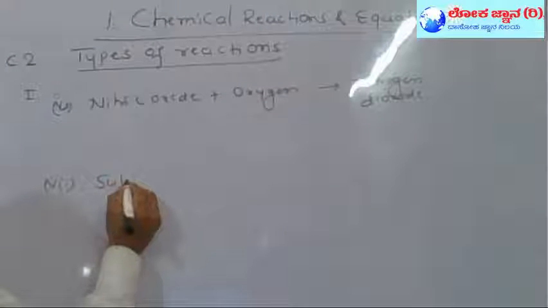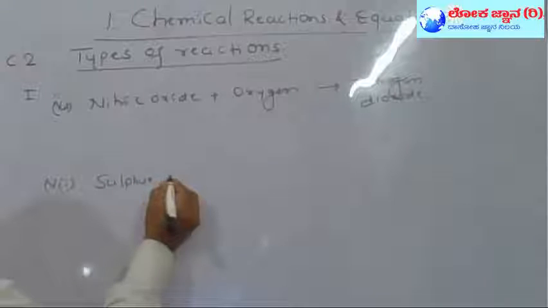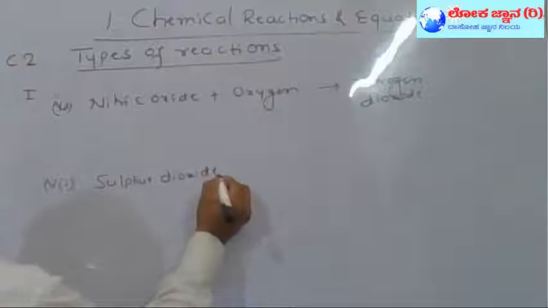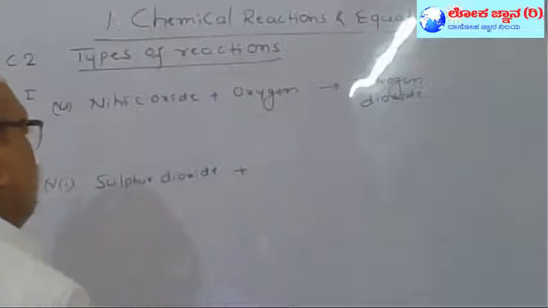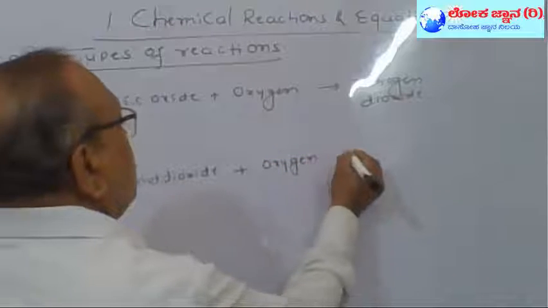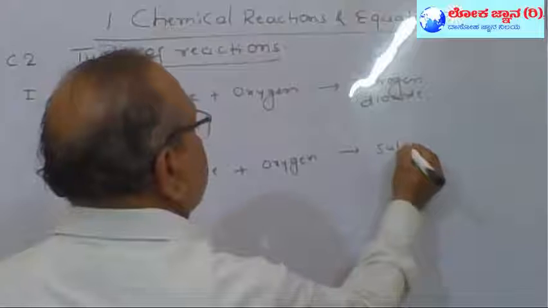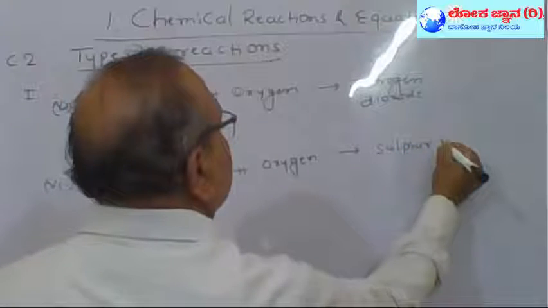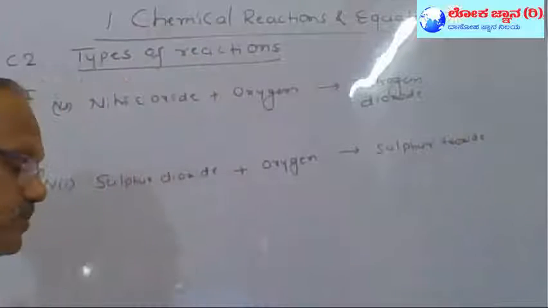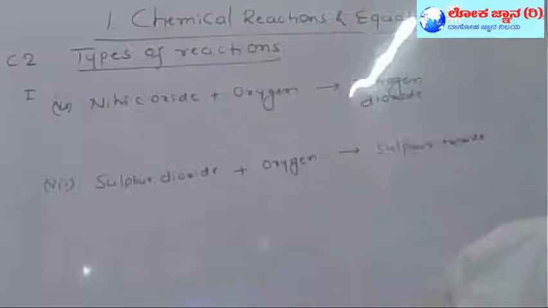Sulfur dioxide plus oxygen gives rise to sulfur trioxide. Balance them. This is another set of reactions.